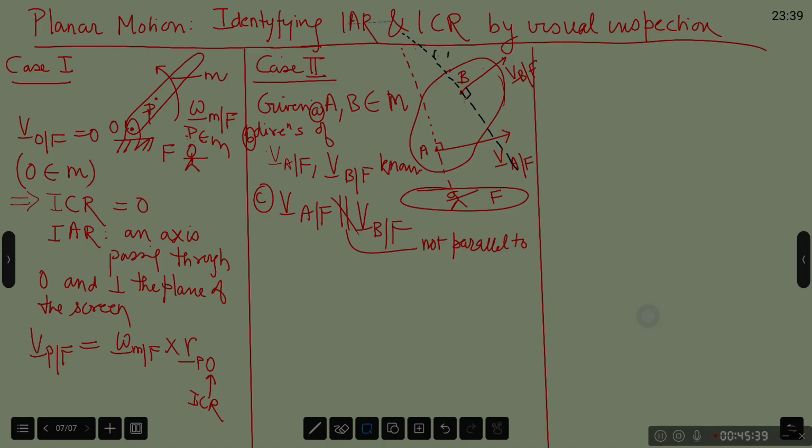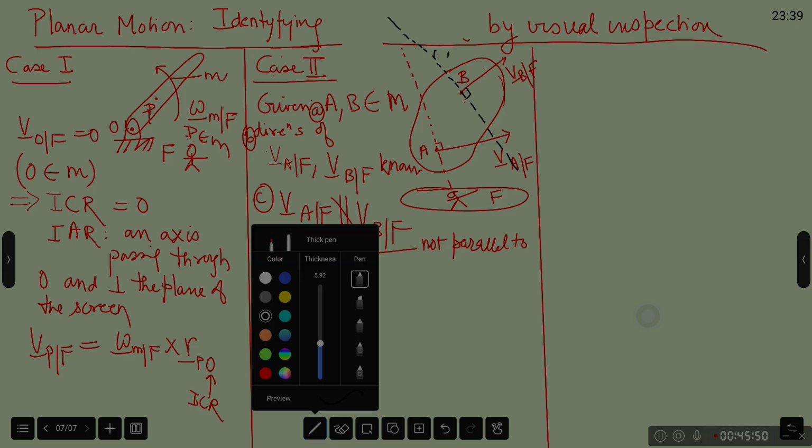I have to locate the point where these two dashed lines are intersecting.